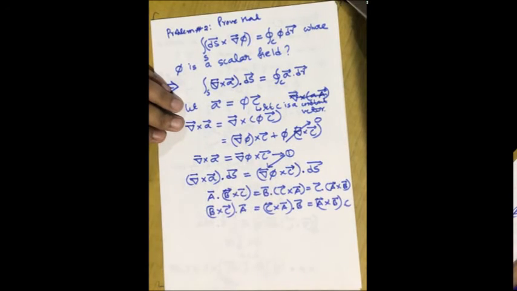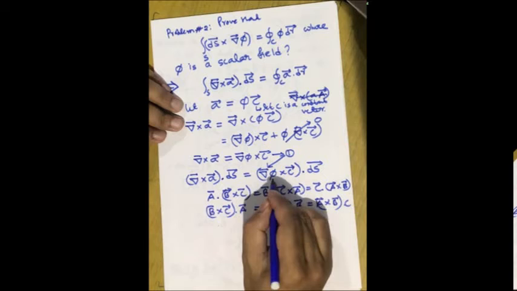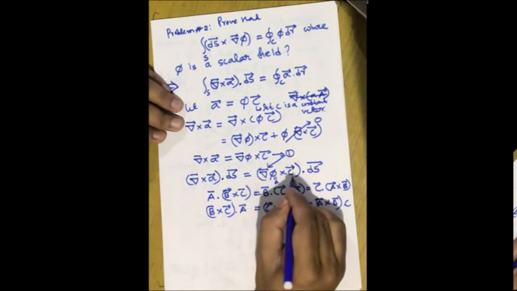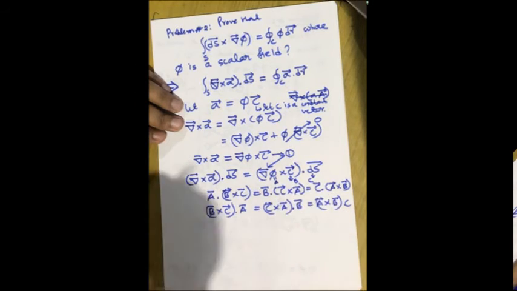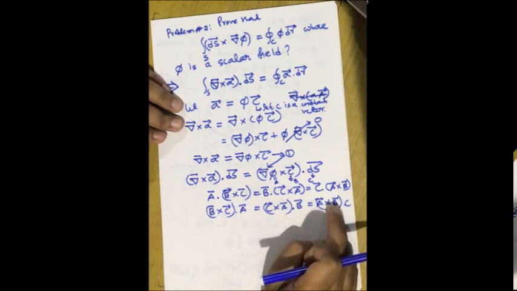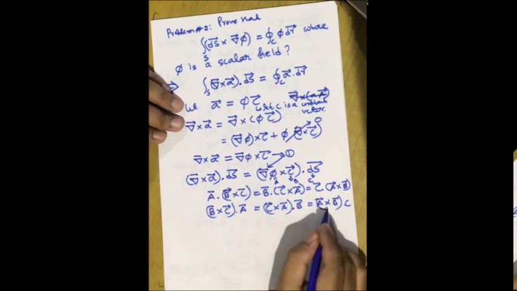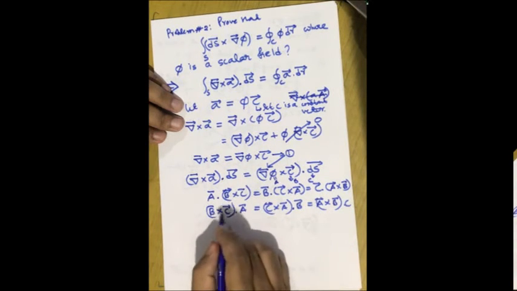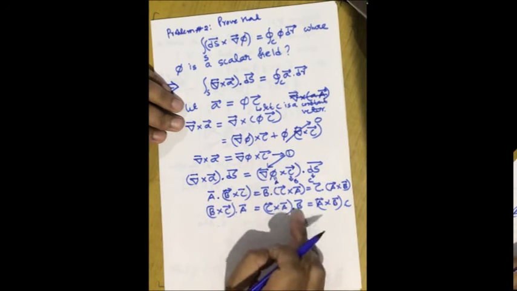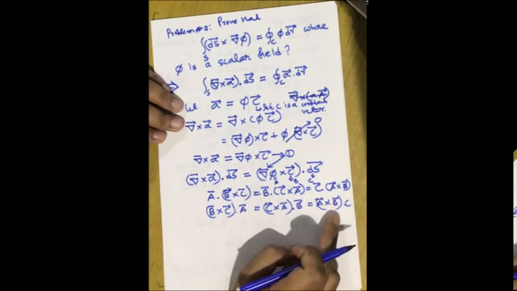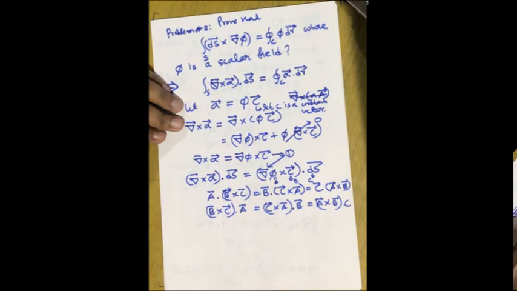This is the rule of the vector triple product. So del phi we can take as A, C we can take as B, and ds, which is also a vector, we can take as C. So A cross B dot C is equal to B cross C dot A, or C dot A cross B. There is no problem with that.